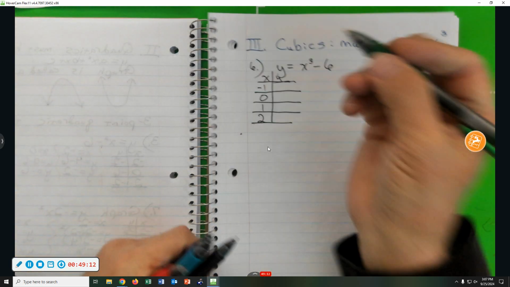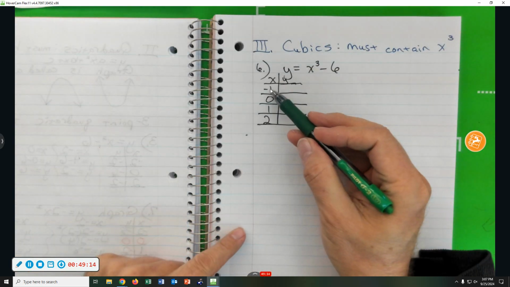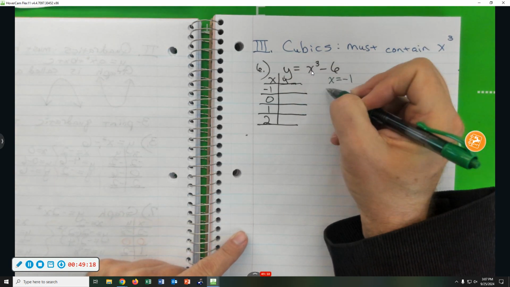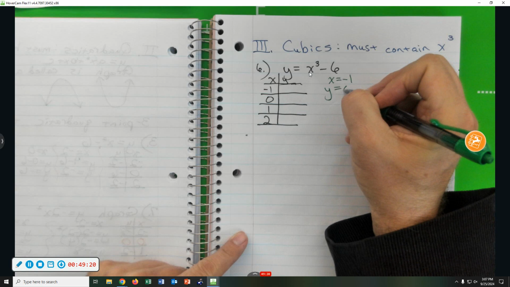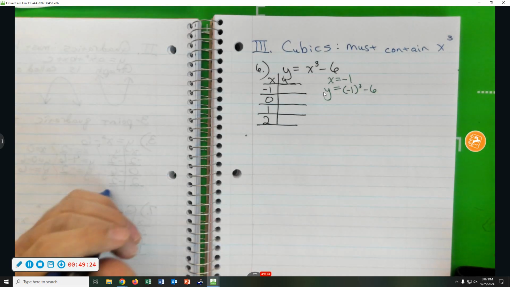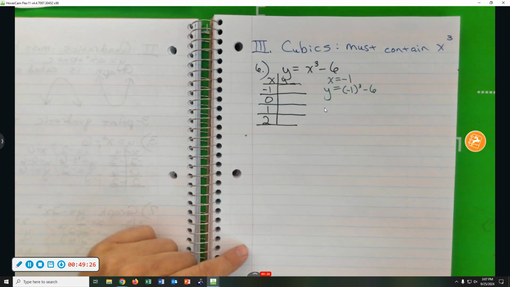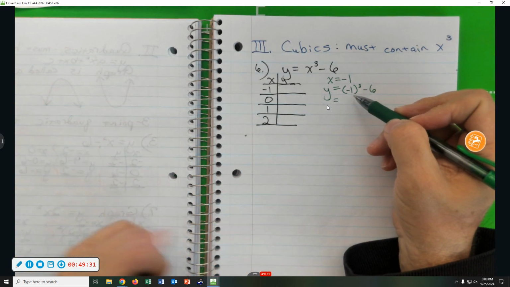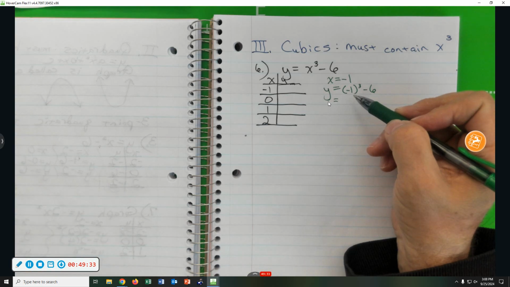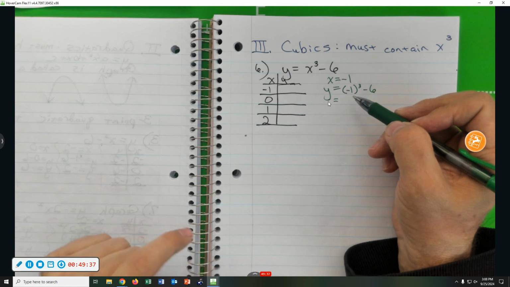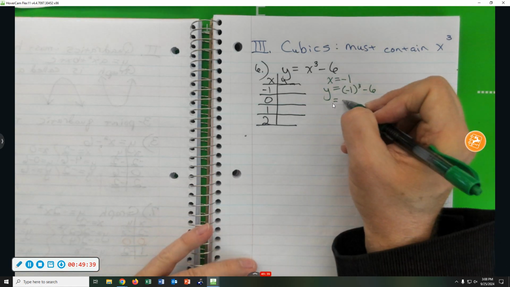So, here we go. We'll start off, we'll plug in -1 for x. So we have -1 cubed minus 6. What's -1 times -1 times -1? -1 times -1 is positive 1, times another -1 is negative 1.